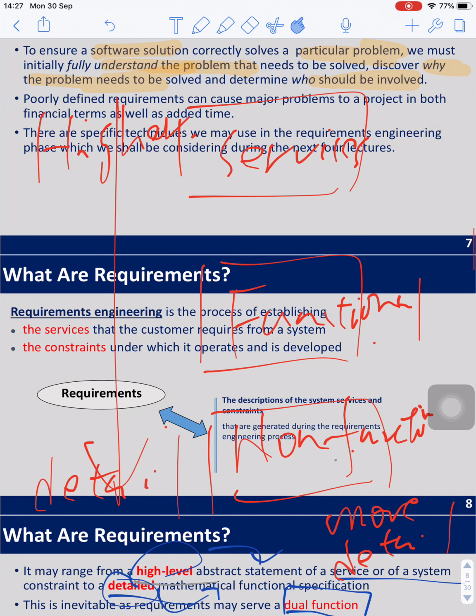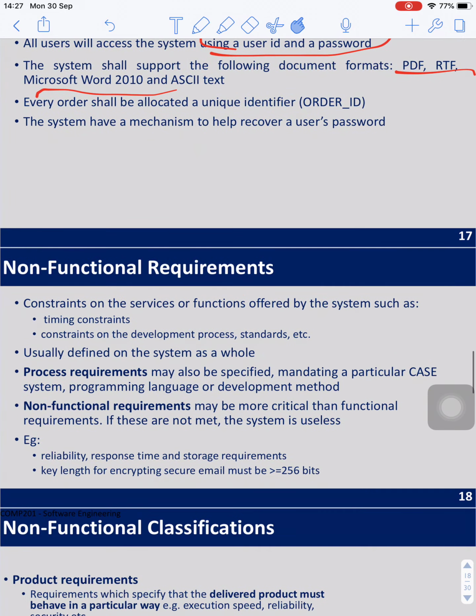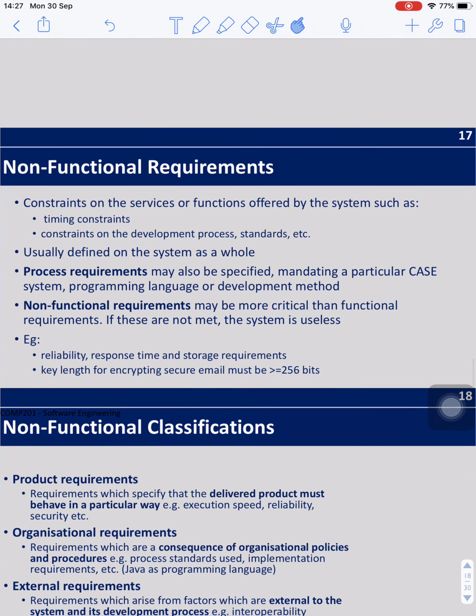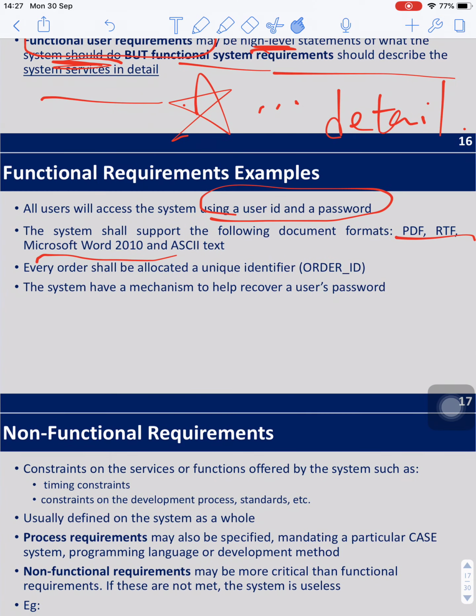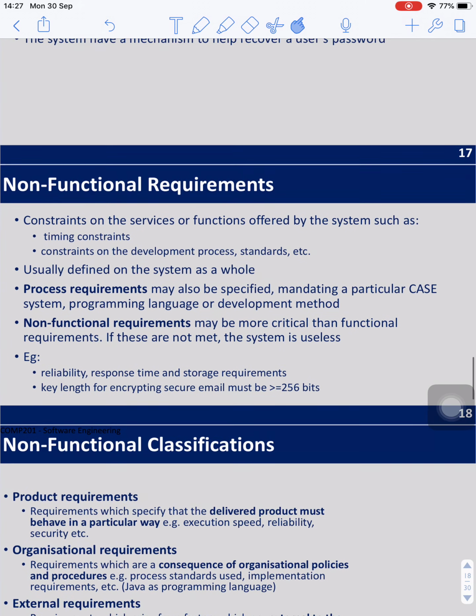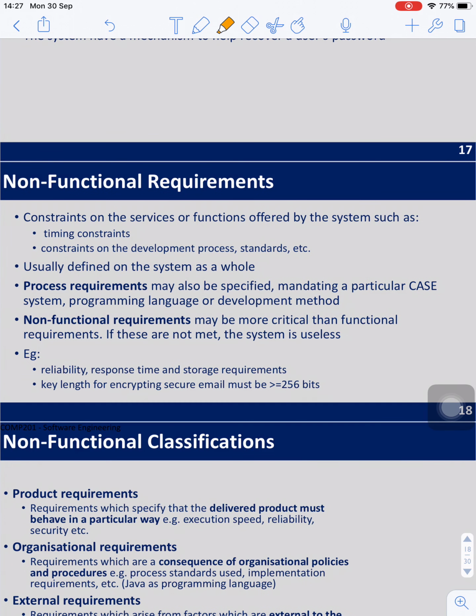Okay, so then we come to the non-functional requirement. Non-functional requirements are constraints on the services or functions offered by the system, such as timing constraints and constraints on the development process and standards. Usually they are defined for the system as a whole.